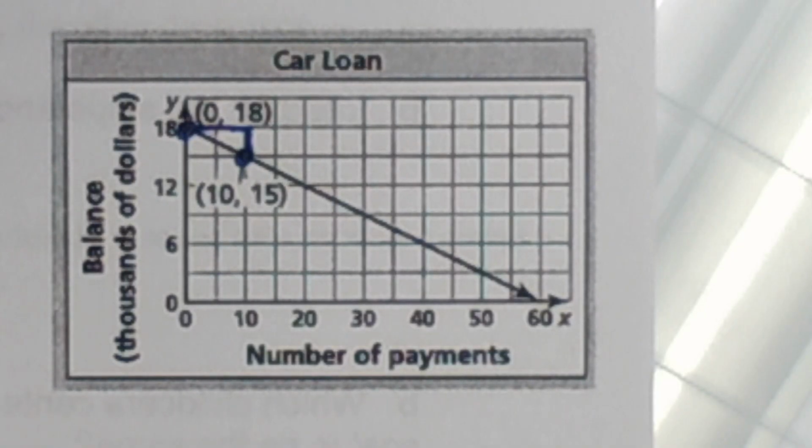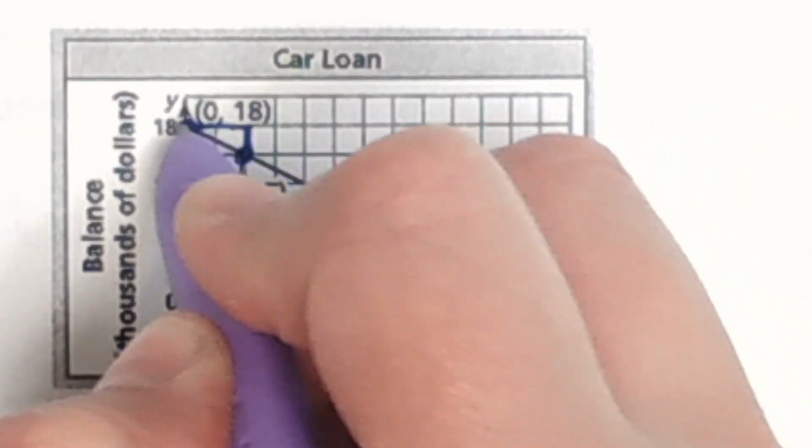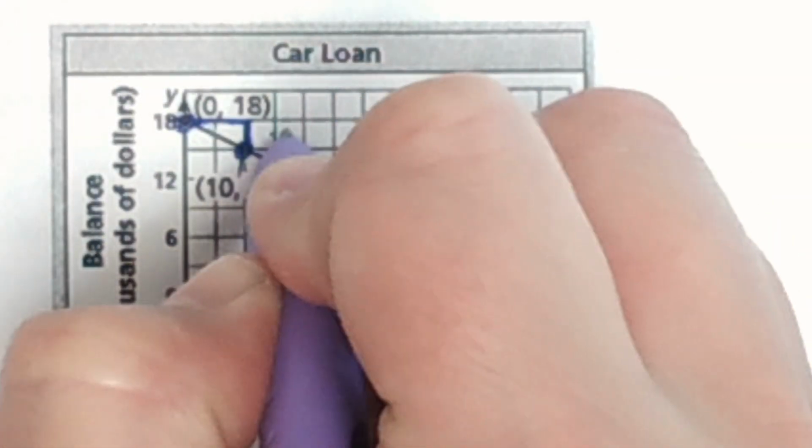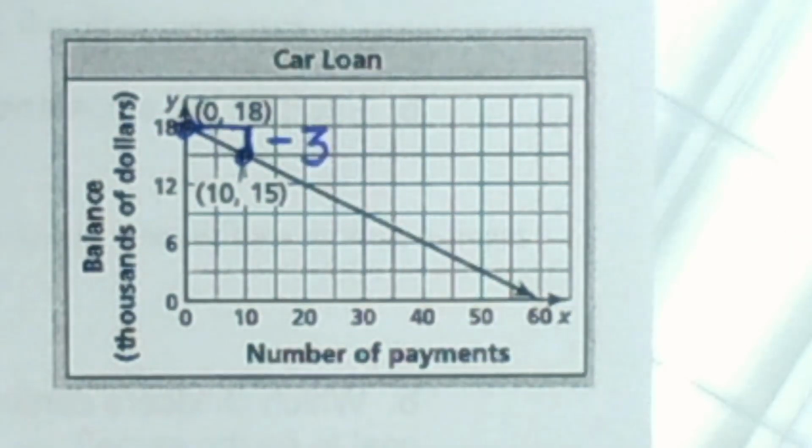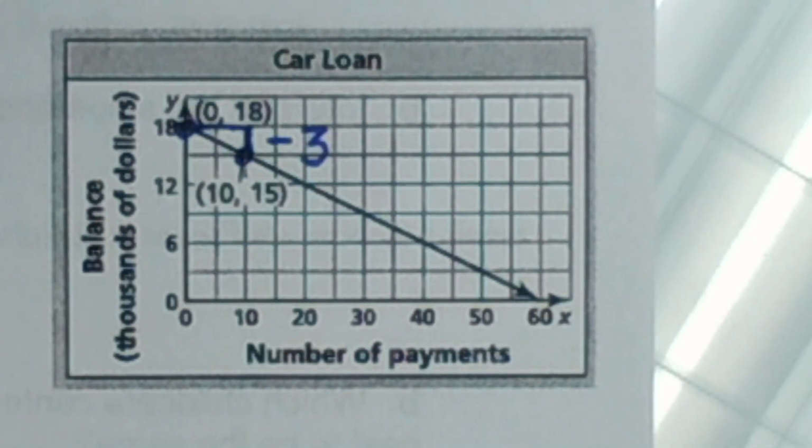Rise is up and down, which means rise goes with the y values. How much did the y values change? 3. Specifically, technically, from a point here to a point here, it went down 3. So often we'd say -3. As long as you get the negative on the final answer, you're good there. How much did it run? In other words, go left and right, specifically to the right. 10.